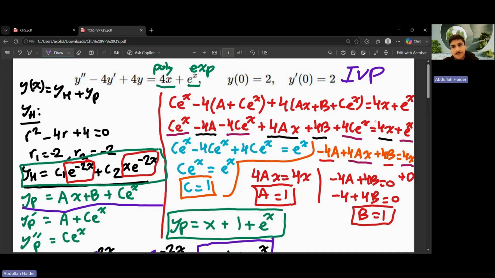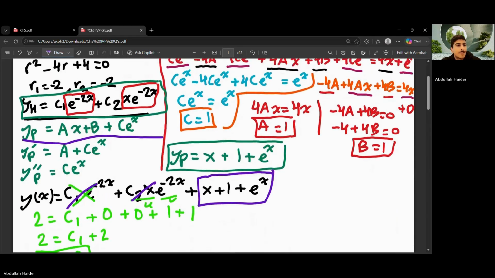You equate the polynomial with the polynomial together, and when you reach the polynomial part, you equate the x with the x, and since there was no number, you assume that this is 0. You do 4a minus 4a plus 4b equals 0. You find a, b, and c. You will get your proper particular solution.